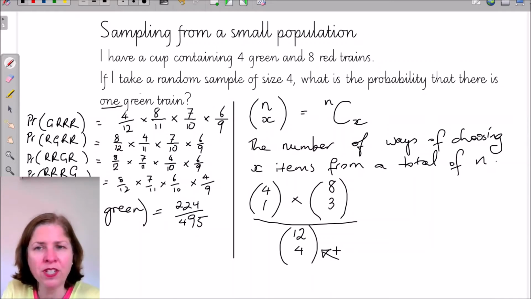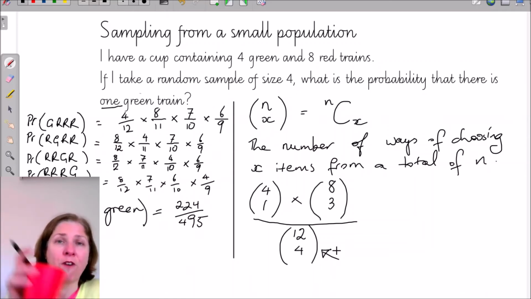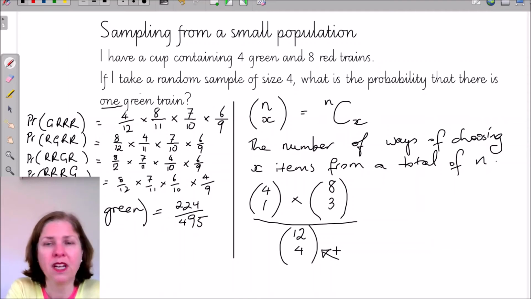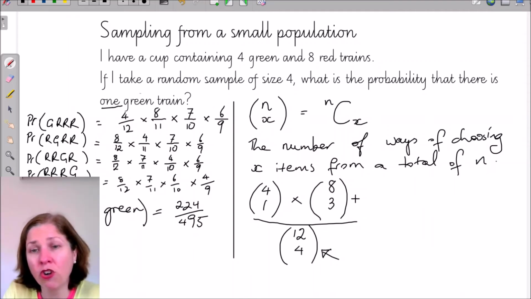So my denominator is going to be the total number of possible combinations if I choose 4 trains from this cup. My numerator, this is all the different ways that my 3 red trains can be chosen. There are a total of 8 trains, I only want 3 of them in my sample.